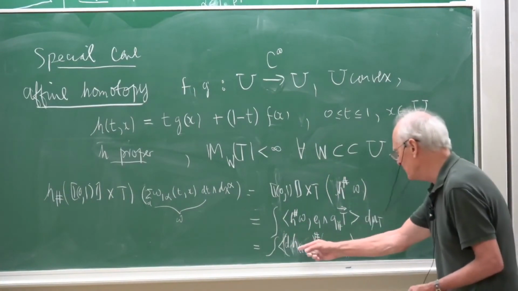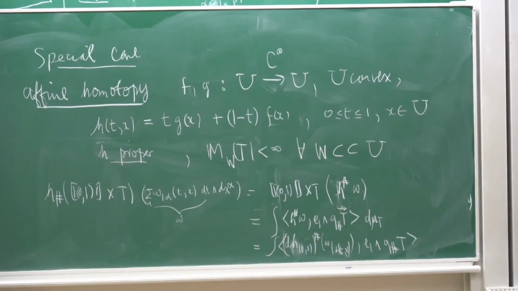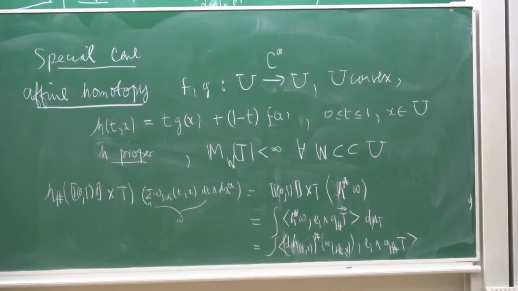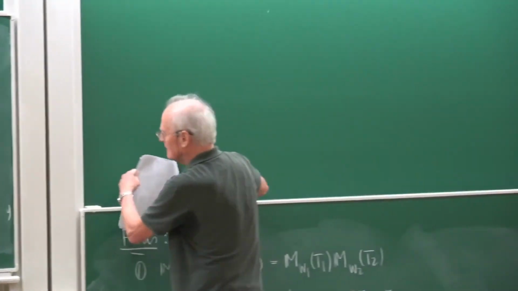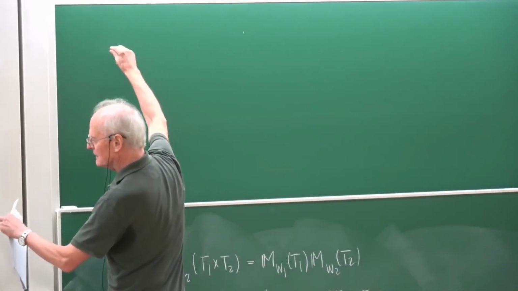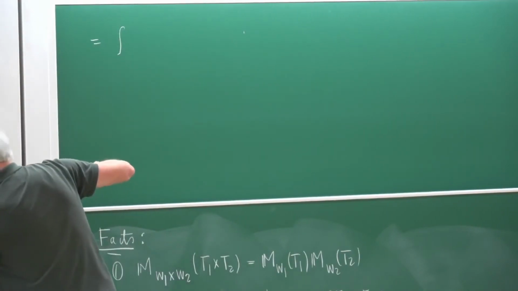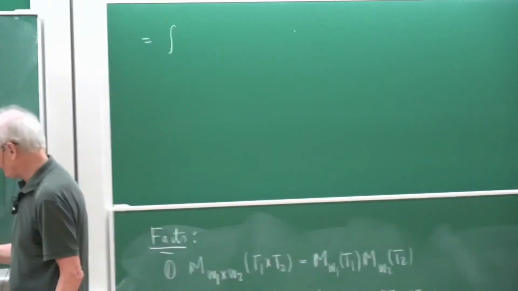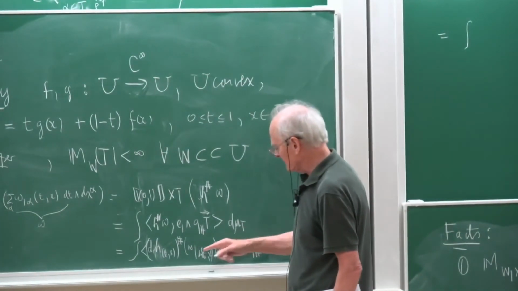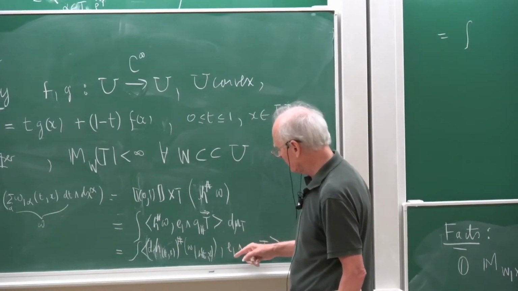And then we can push this by duality onto here. So that's equal to, take that and push this forward. Now when you push this forward, the derivative with respect to t gives you just the partial derivative.